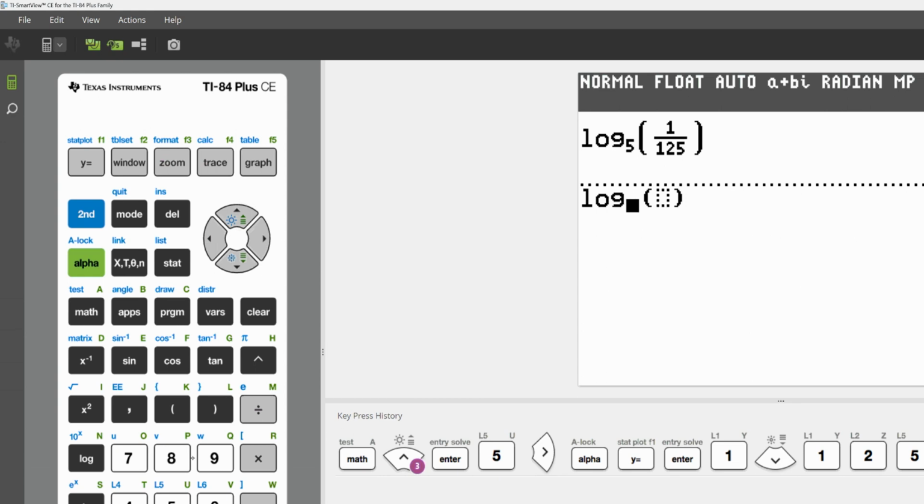It's only on the graphing one. Yep, math, log base. So scroll up or down, and then we'd say 9, 2, 1, 8, 7.